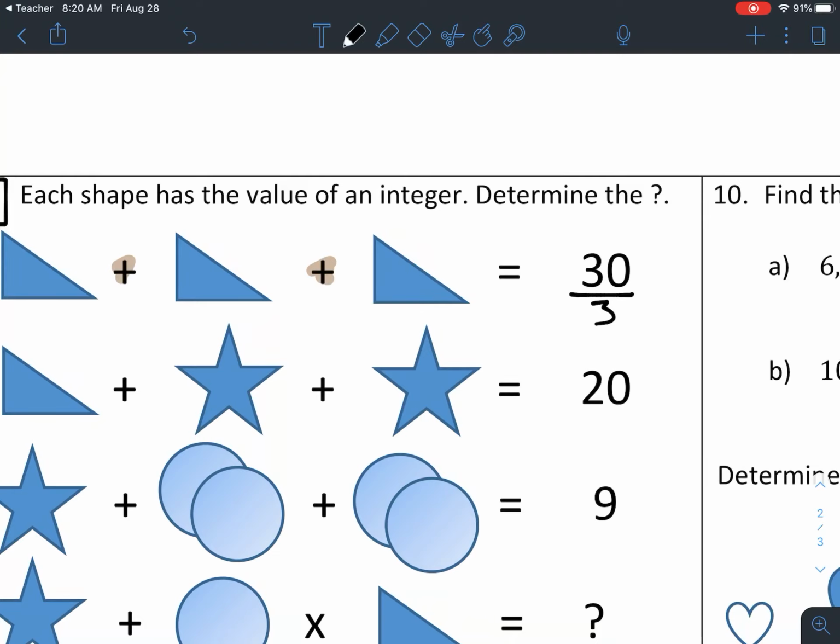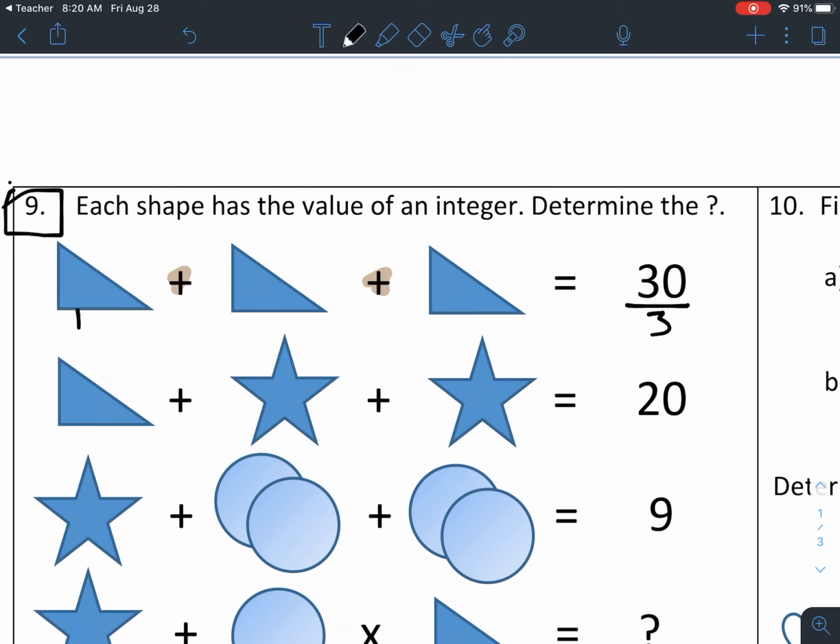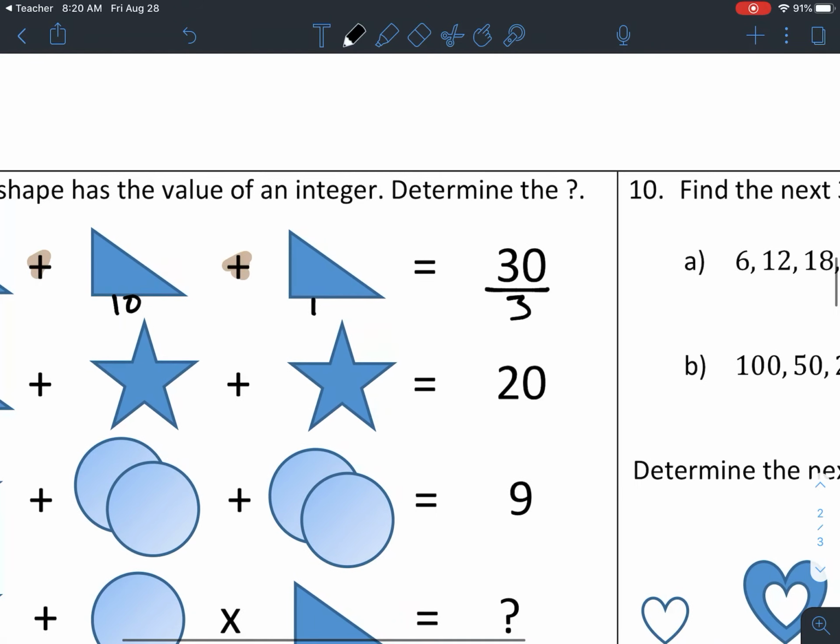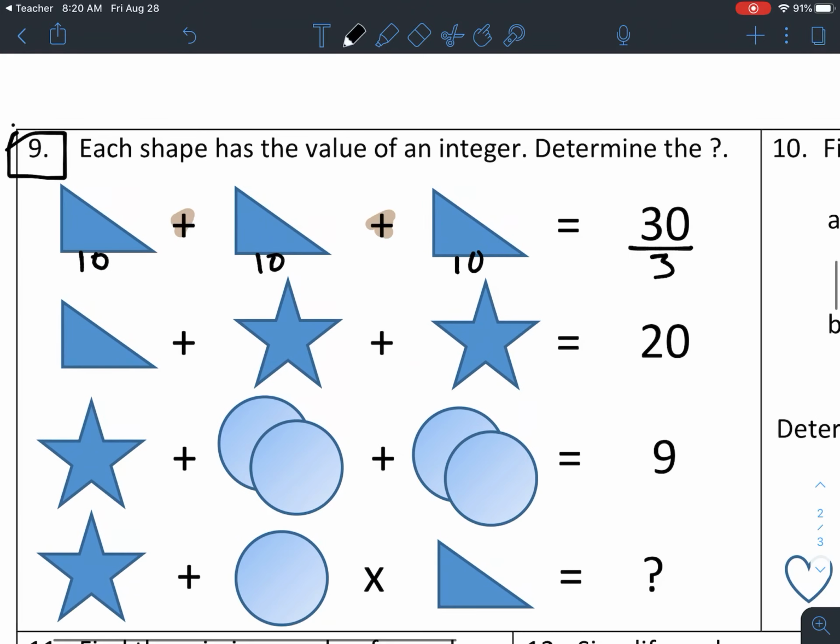So that means each one of these triangles is equal to 10. Now, knowing that, I can look at 10 plus a star is equal to 20. If I subtract a triangle on each side, which would be minus 10, this will leave me with 10.